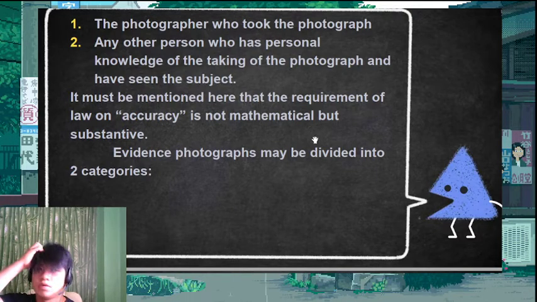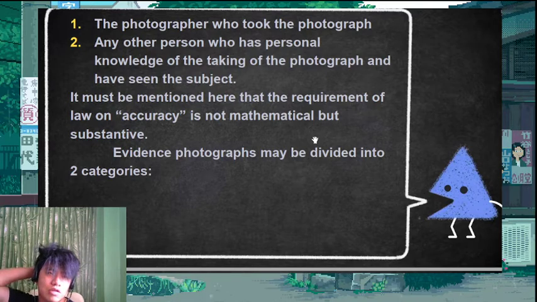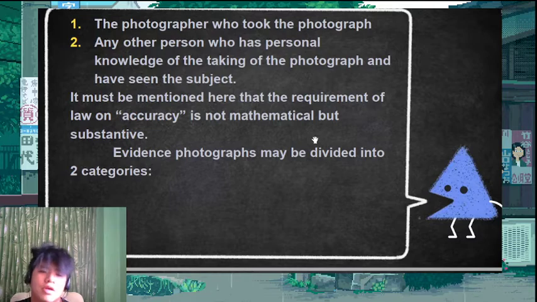Pero ngayon, I think, dapat series, and dapat na-signan yung photographic log, para hindi ma-break yung chain of custody.